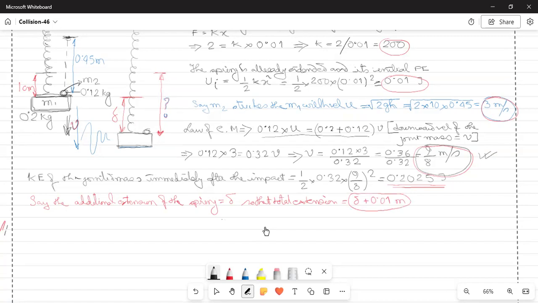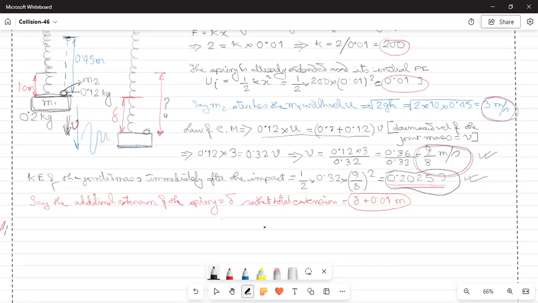Now mind it, the energy that we have in hand is 0.2025 joule. How will this energy be spent? When the spring comes down by another delta, there is an increase in the potential energy of the spring. So that is one expenditure of this energy.